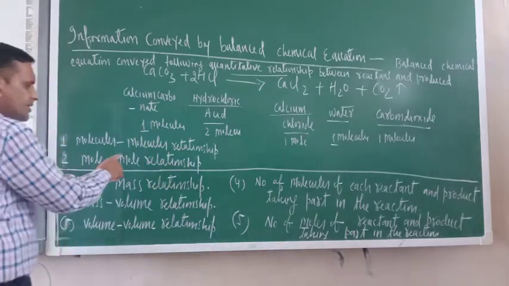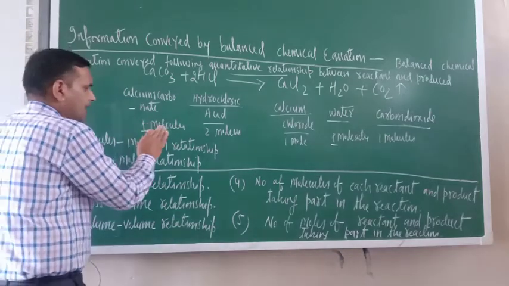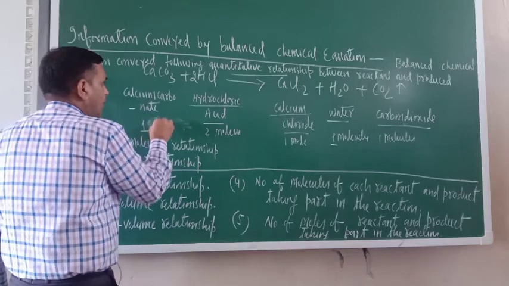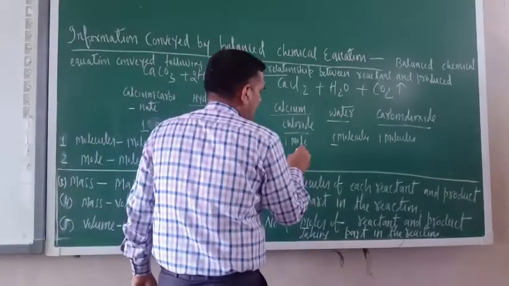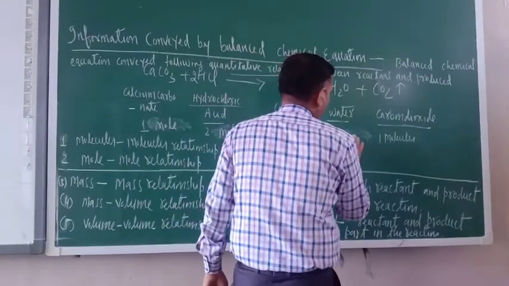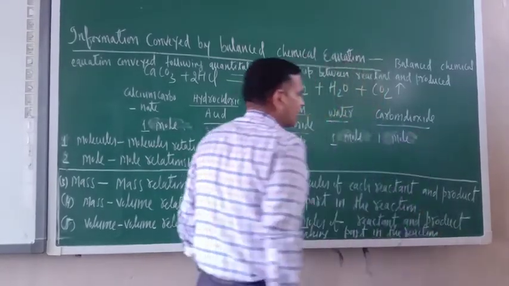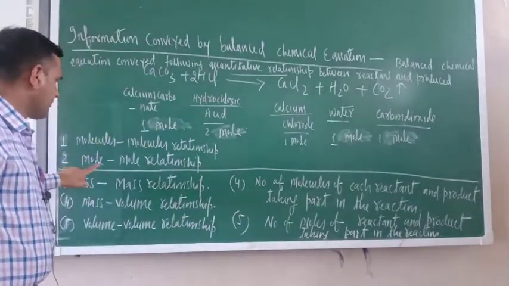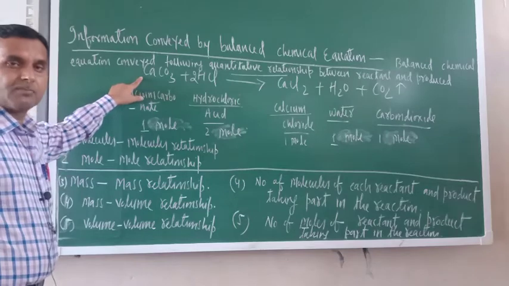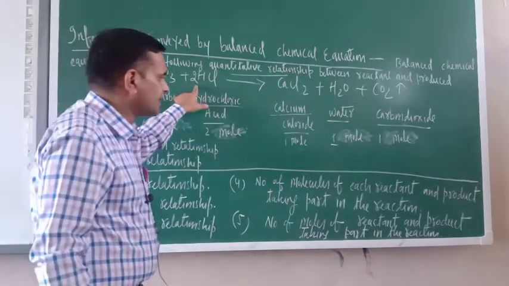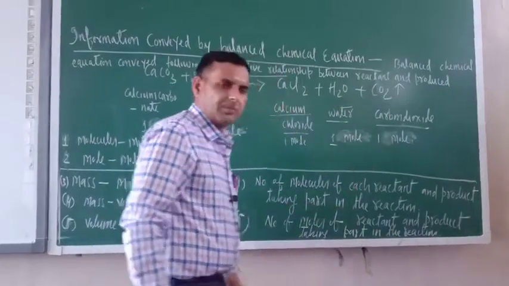Now the second information is the mole relationship. Mole is a unit you might have studied in 9th class. Wherever you wrote molecules, you can write moles: 1 mole of calcium carbonate reacts with 2 moles of hydrochloric acid and forms 1 mole of calcium chloride, 1 mole of water and 1 mole of carbon dioxide.